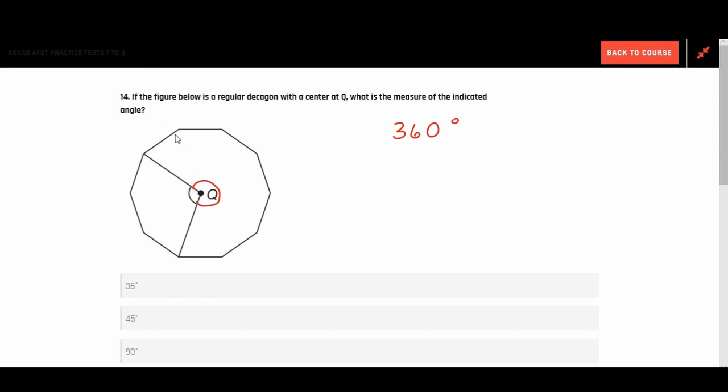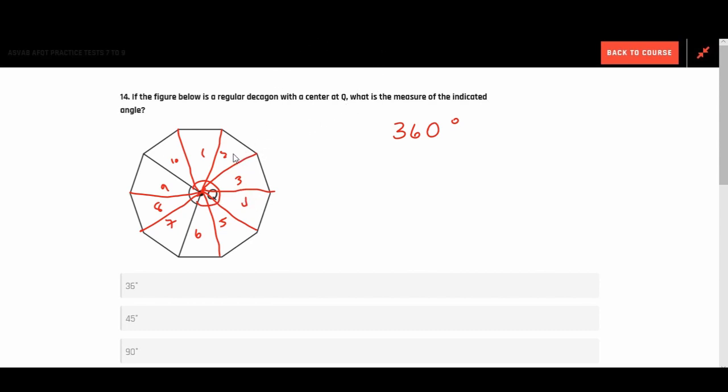So what I like to envision when I look at this is all these little slivers. And if you count them up, there should be 10 of them. 1, 2, 3, 4, 5, 6, 7, 8, 9, 10.